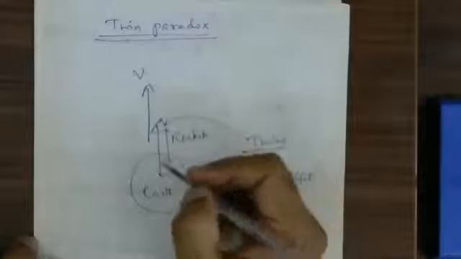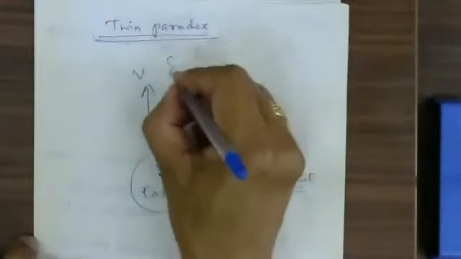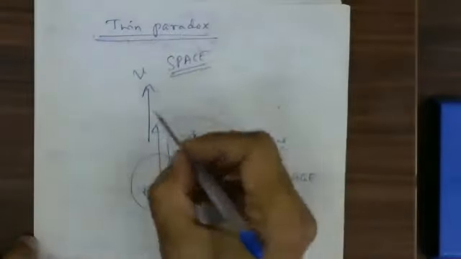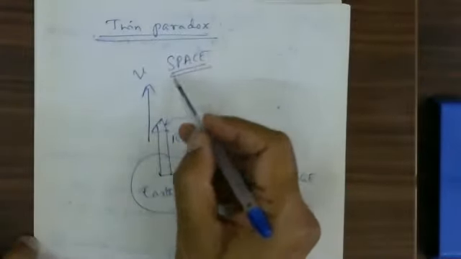Now, after some time interval, the rocket is moving and moving somewhere else in the space. After a lengthy time interval, maybe about 10 years, 12 years, again it is returning back. Again it came back.